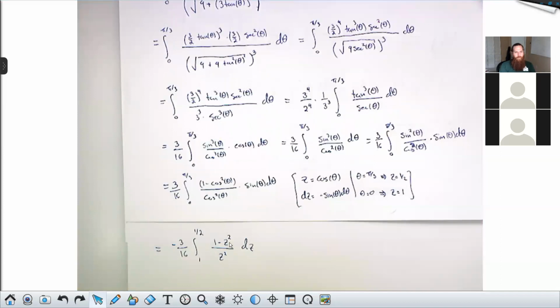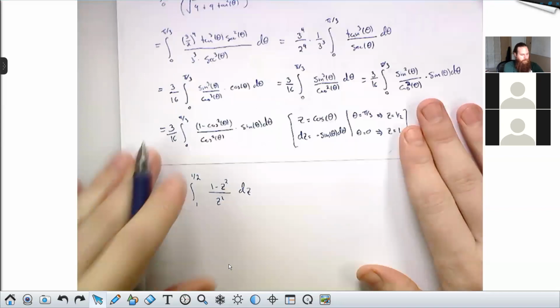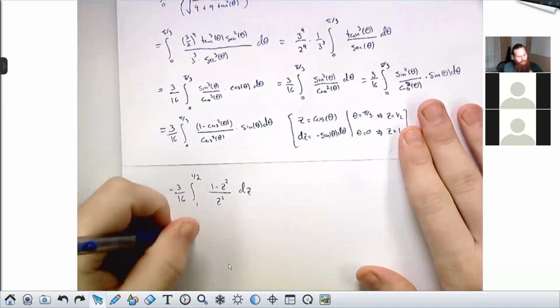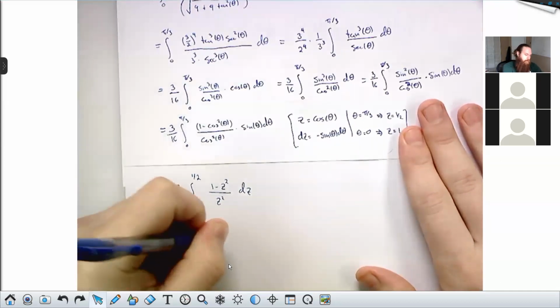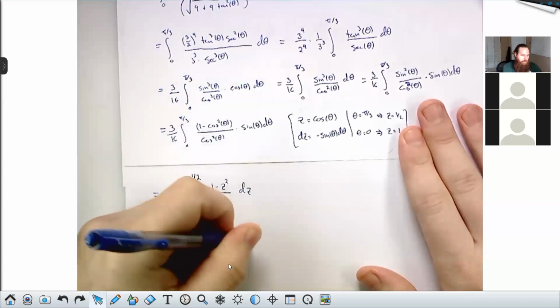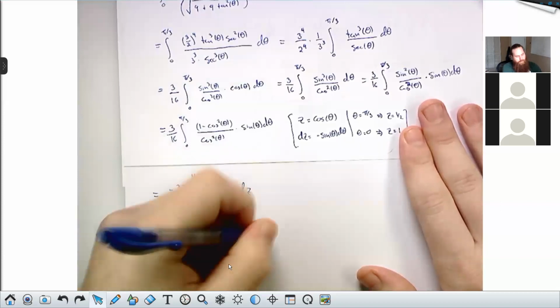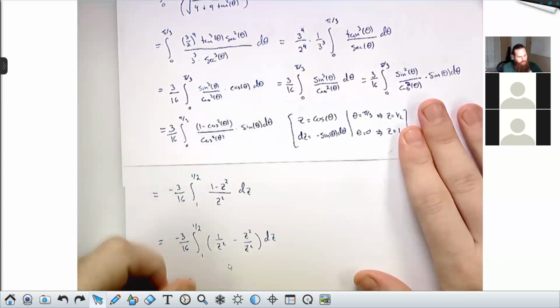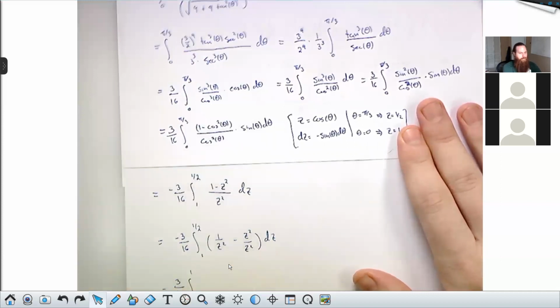This is 1 over z squared minus z squared over z squared. I can soak that negative back inside by flipping the bounds over, which is nicer because right now the lower bound is bigger than the upper bound.